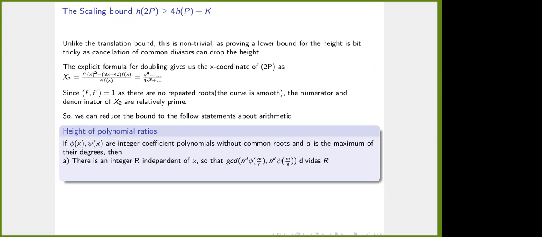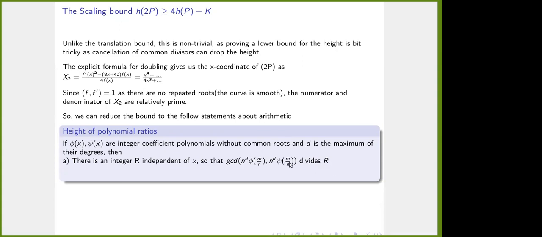Then there is an integer r, independent of x, such that the GCD of φ and ψ, after multiplying by n to the d to clear the denominators, divides r. For us, φ will be the numerator x⁴ plus something, and ψ will be 4x³ plus something.